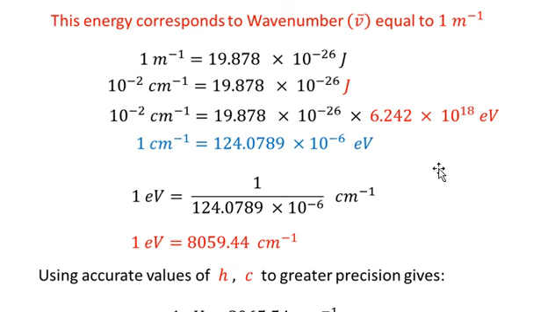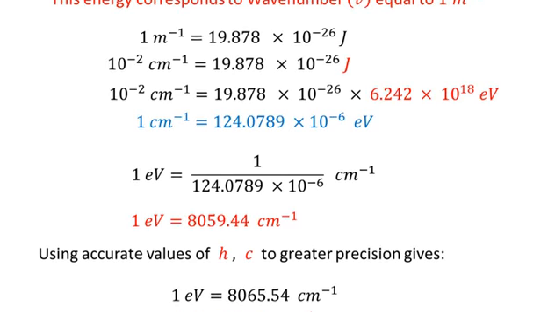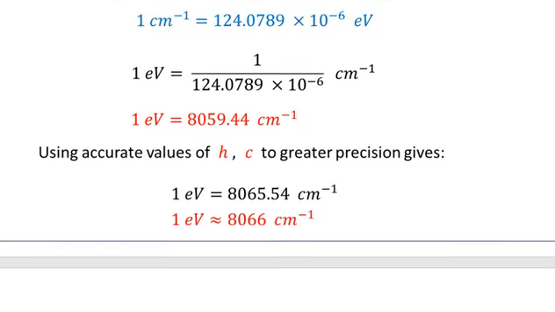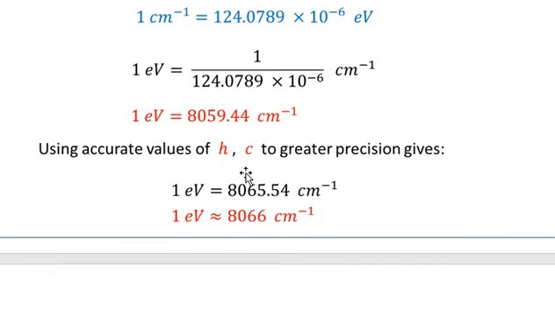But you see that I have not used very precise values of these numerical constants. For example, the value of Planck's constant and the velocity of light are not given up to very high precision. If you use accurate, higher precision values of h and c, you can find that 1 electron volt is equal to 8065.54 centimeter inverse.